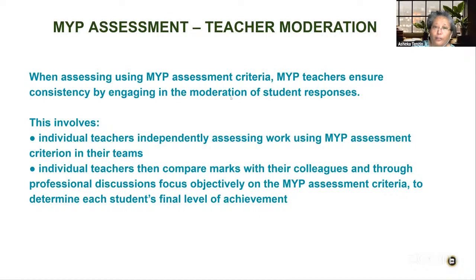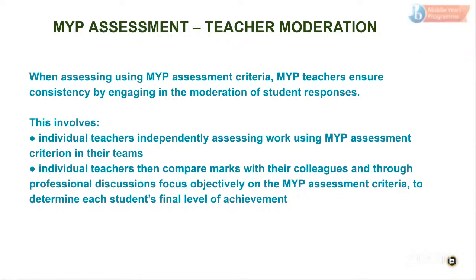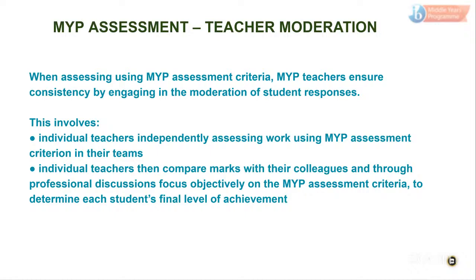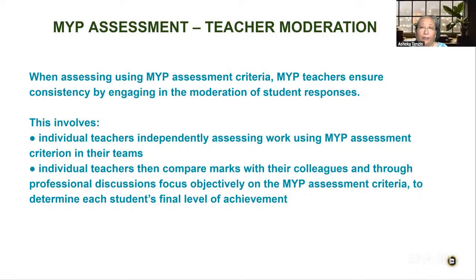After you have assessed the student work, you have to meet with a teacher of that same department and you pick pieces of work. You pick one very good work, one poor work, and two mediocre level works.